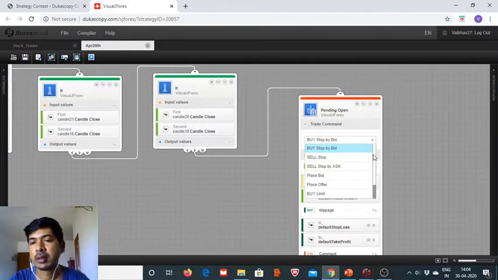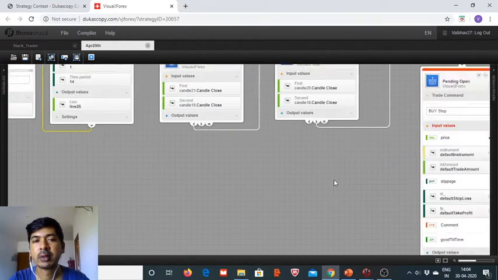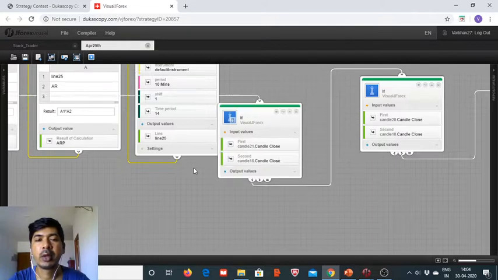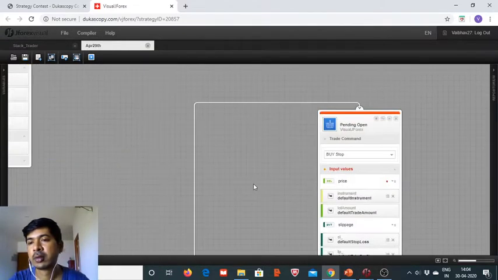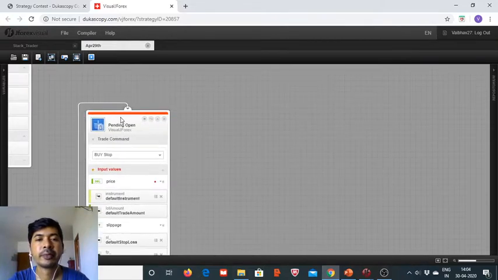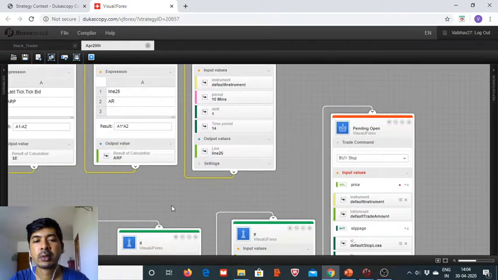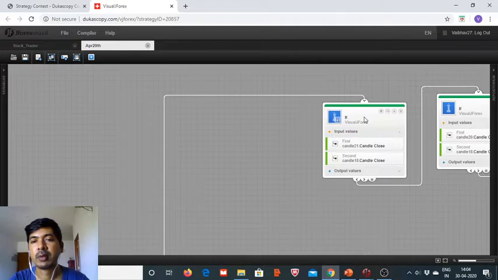By stop. Yes, then we need to take these blocks. Okay, we will set this.